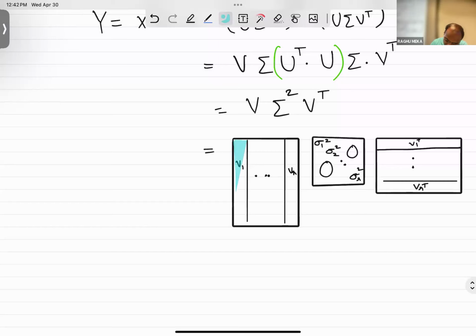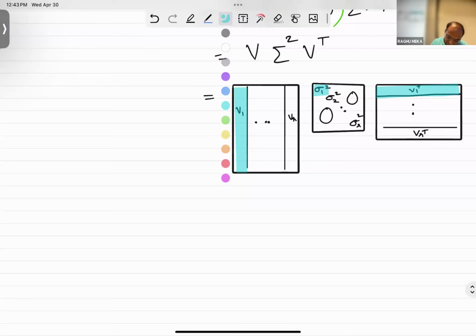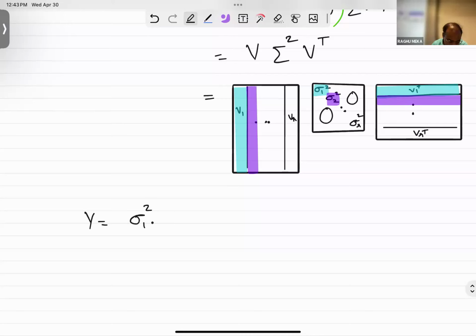Just as before, this once again simplifies. I can match up how matrix multiplication works, and by doing so, I can conclude a simpler form for this product. By using the same argument as before, I get y is just sigma 1 squared times v1, v1 transpose plus sigma 2 squared times v2, v2 transpose plus so on.